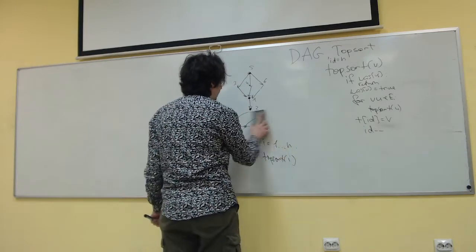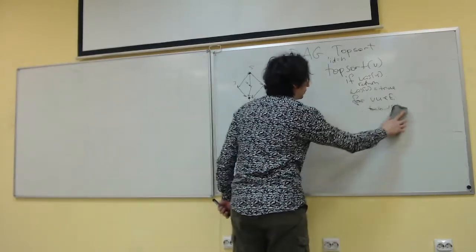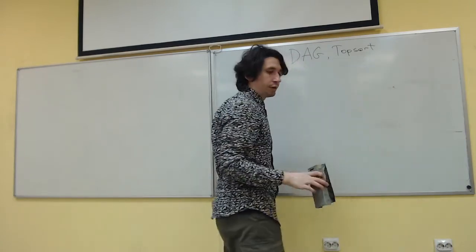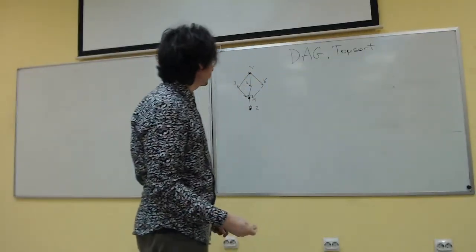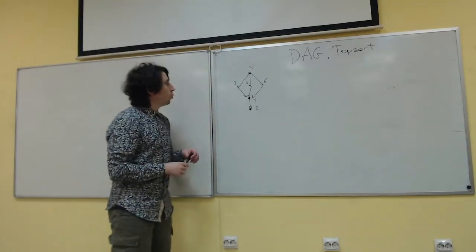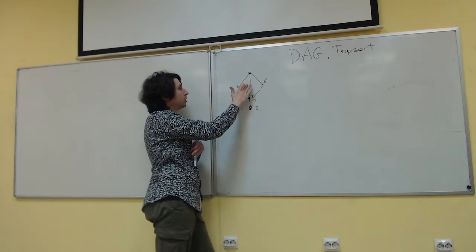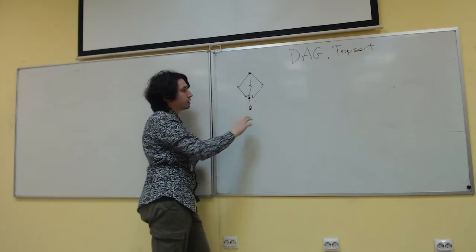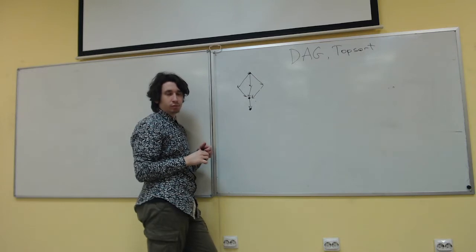Okay, there is another way to solve this problem. A very interesting way, however. So, which node could have the smallest identifier in a graph? Well, in this graph, the topmost.